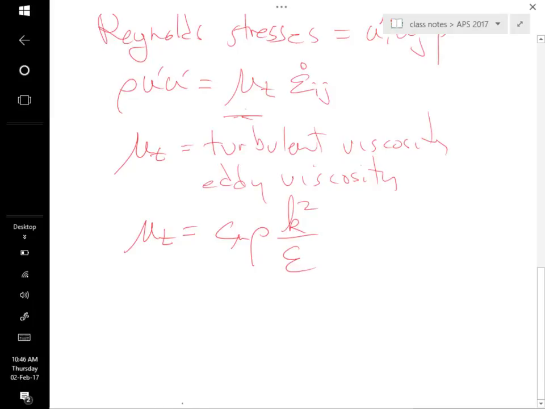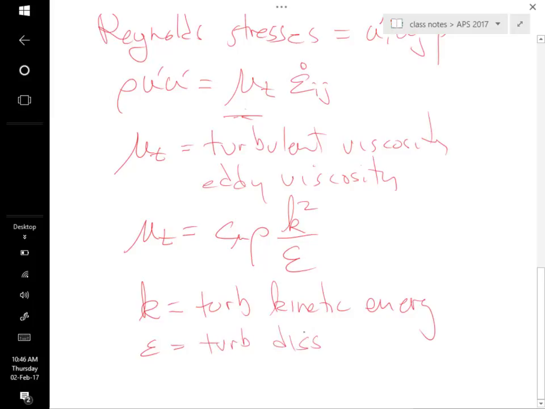Okay? And k is equal to the turbulent kinetic energy and epsilon is the turbulent dissipation rate. Okay? So this introduces these two terms, k and epsilon, that we have to now deal with.